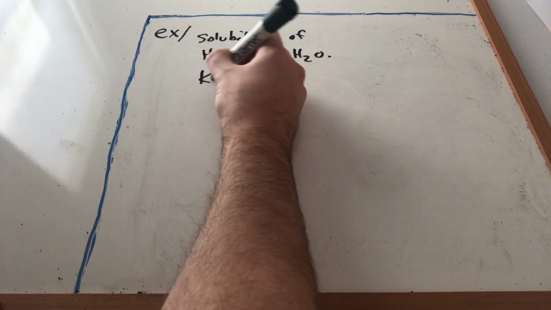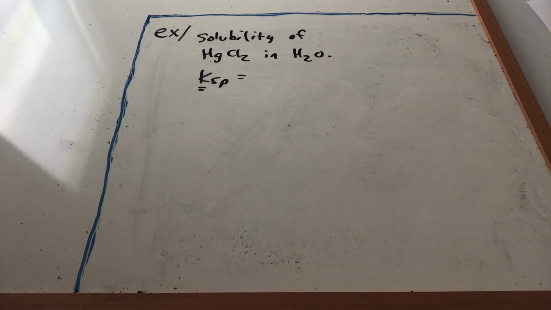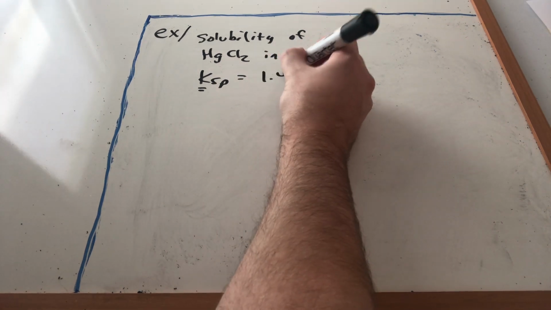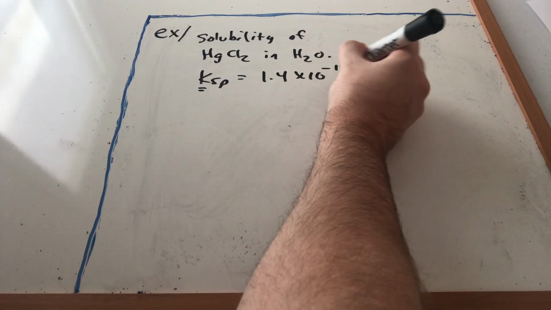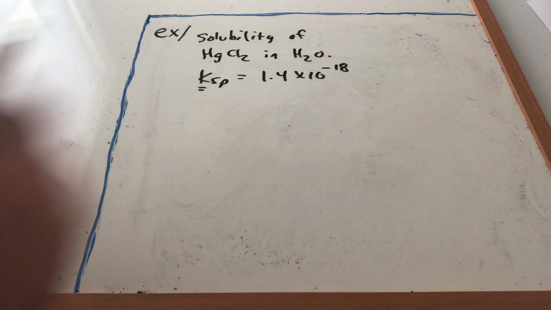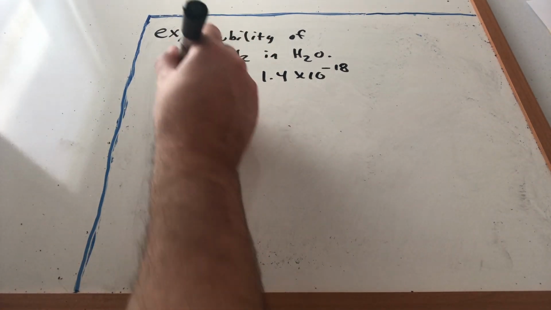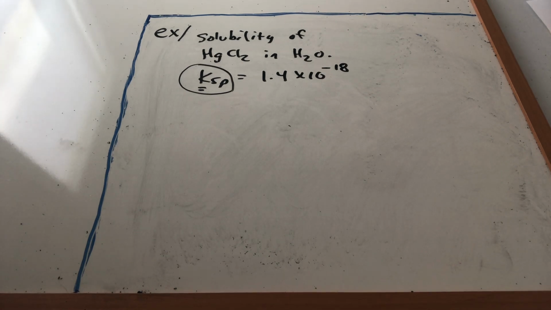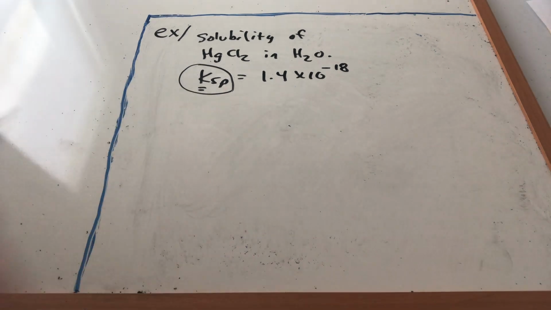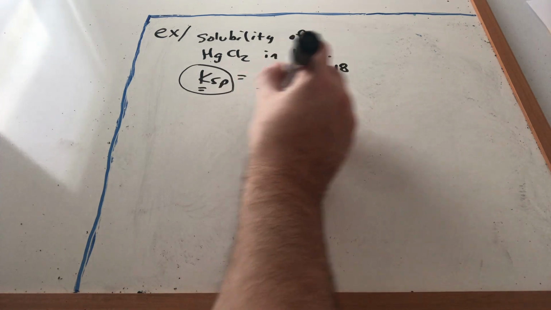Now I'm going to give you a Ksp, but from our last set of videos, all right, one way a professor or a book problem can be tricky is to not give you a K directly for the process that's being analyzed, but to make you go with a delta G naught and give you a temperature and calculate a K. So the only thing I'm going to remind you of here is, remember, for these problems I've been giving you this, but you know how to calculate this based off of previous discussions. So if we do have thermodynamic information about this process instead, there might be some initial work you have to do to get this K.